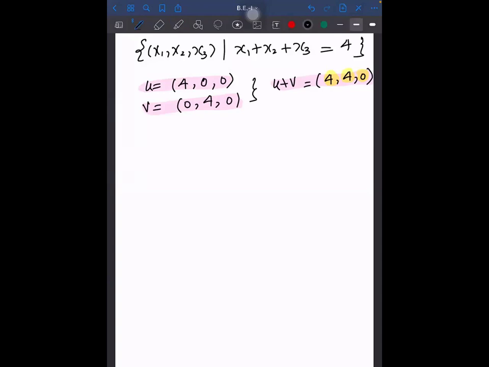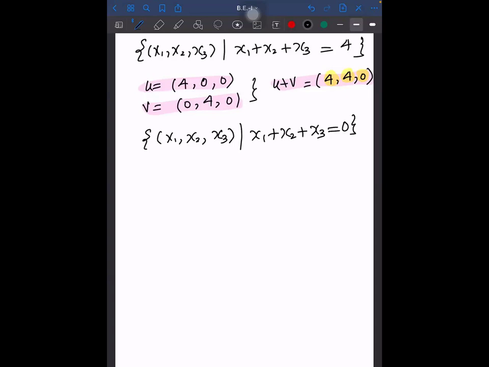Yes, sir. But if I change this condition to zero, will this form a subspace? Yes, sir. This will definitely make a subspace.